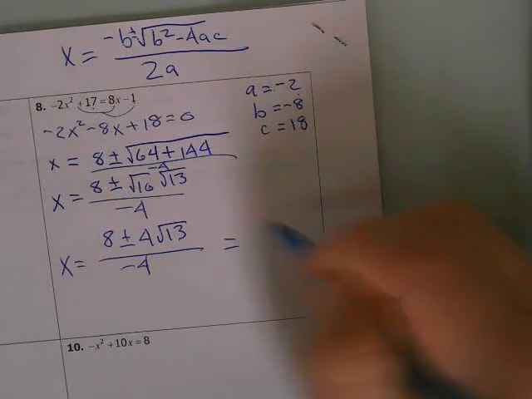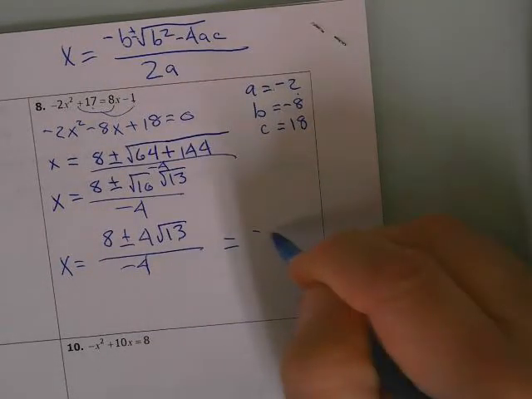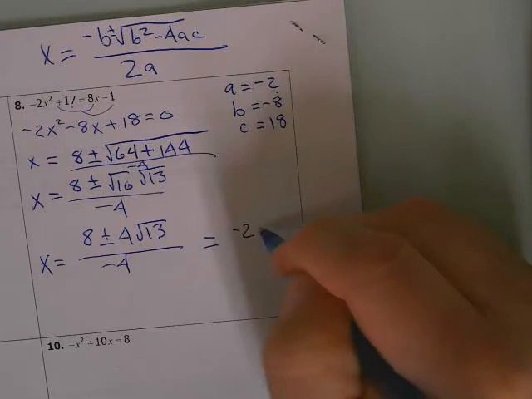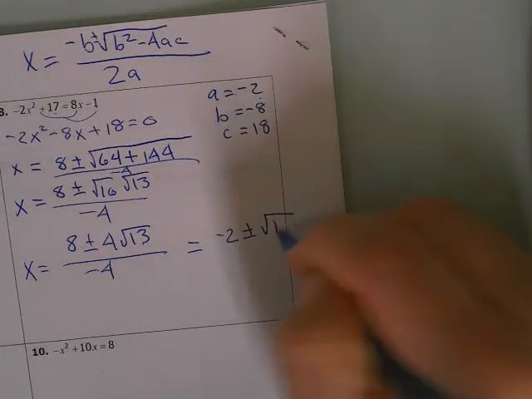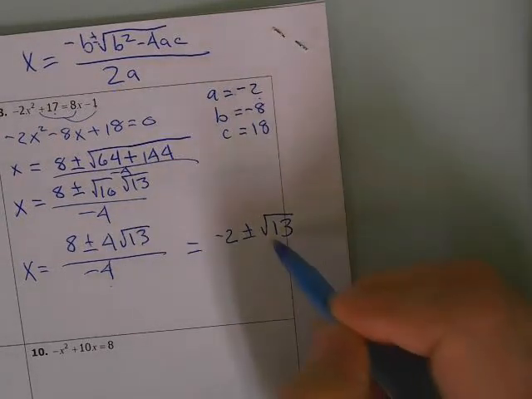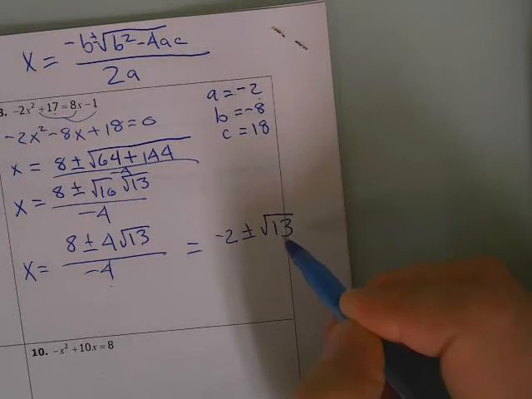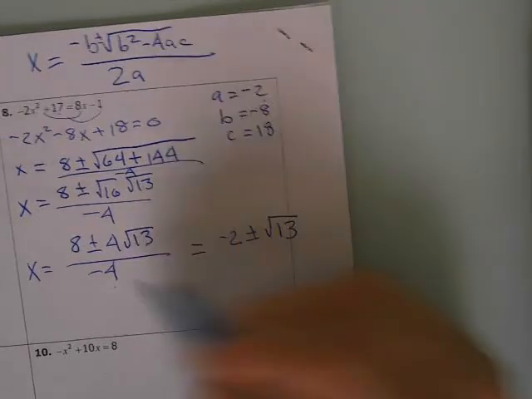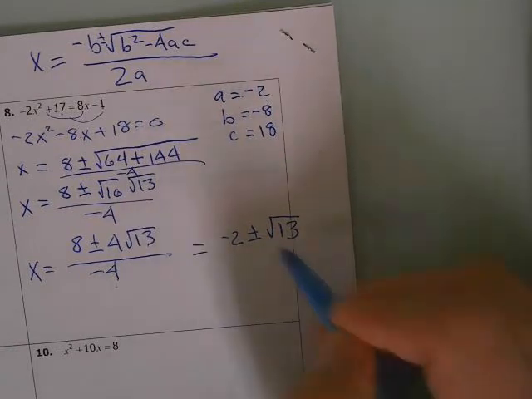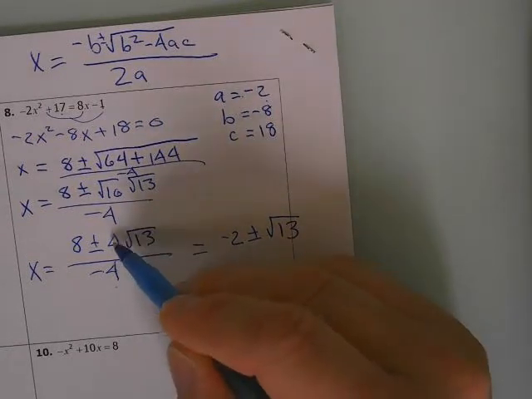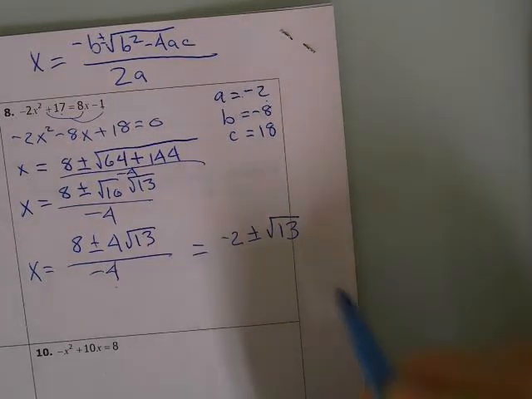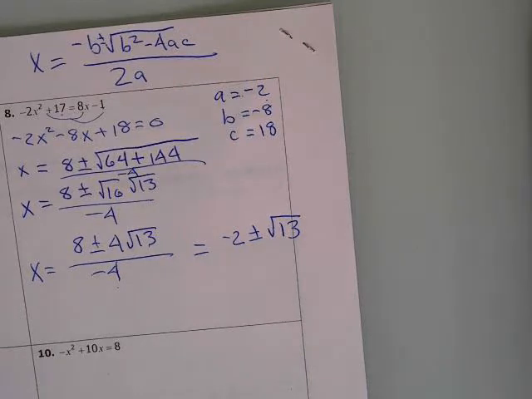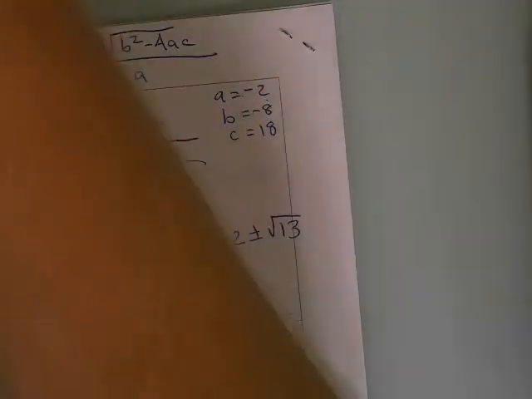And if we do that, negative 4 would give negative 2 times plus or minus square root of 13, because 4 over 4 is positive 1 and 4 over negative 4 is negative 1 and negative 4 over negative 4 is positive 1, so we're still plus or minus there. It's over 1, so you can just leave the denominator at 1. Okay?